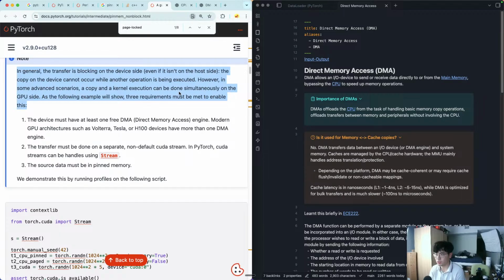So we initiate a transfer, but while the transfer is being conducted by our DMA engine, the CPU can do other things, right? And then it's going to trigger an interrupt when the data is done. But while the data is being copied, I suppose that region of the memory is reserved, and you're not supposed to use it. It's reserved for the DMA engine to copy. So similarly, when we copy from CPU to GPU, the same thing happens.